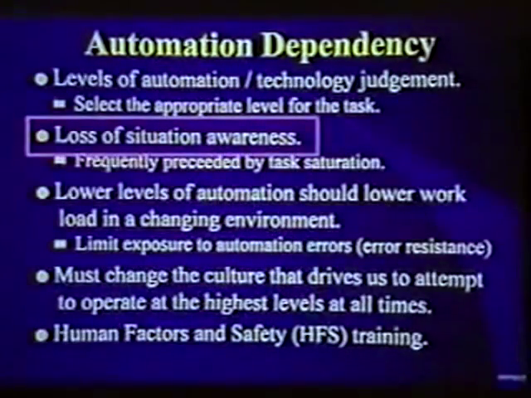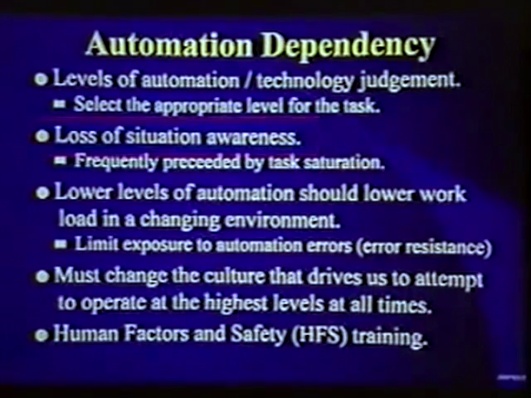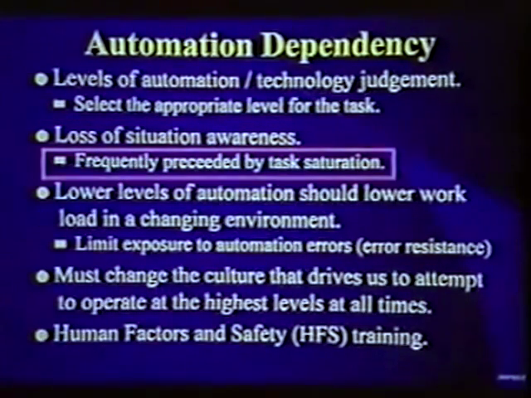And as we study the accident history, what we find in the vast majority of the cases is this: that the crew, the 2-man crew, has lost situation awareness. Well, how'd that happen? Well, the 2-man crew became task-saturated. Well, how'd they become task-saturated?